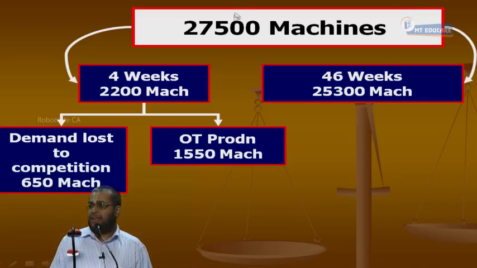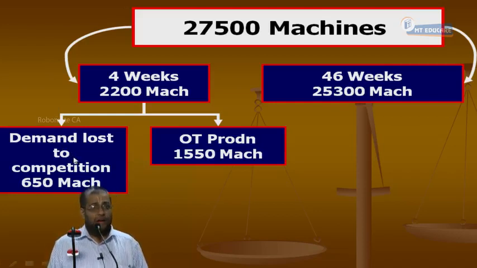No. Without strike, I should have produced and sold 27,500 machines. And 4 weeks, 2,200. 25,300, 46 weeks. This is going to be made. In this 2,200 machines, how much is lost due to competition? 650 machines. Is it due to strike?